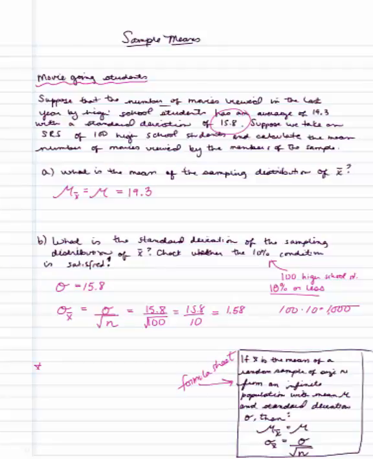One thing to add in is, if the population distribution is normal, then so is the sampling distribution of X bar, no matter what size the sample is.